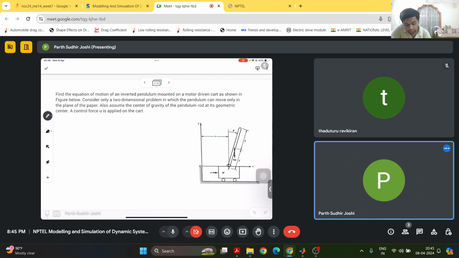So we will first make one assumption that this surface is then let us draw the free body diagrams for each of these components.